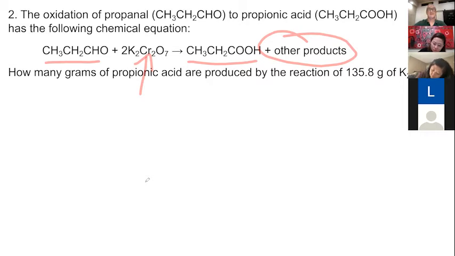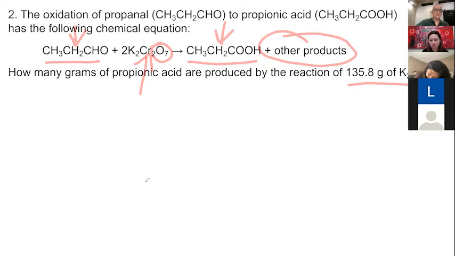It is very good at oxidizing things, which you could probably figure out because there are 7 oxygen atoms per molecule, and those oxygen atoms really like stealing electrons. So the question is, if I react 135.8 grams of potassium dichromate with my propanal over here, how much acid am I going to get?